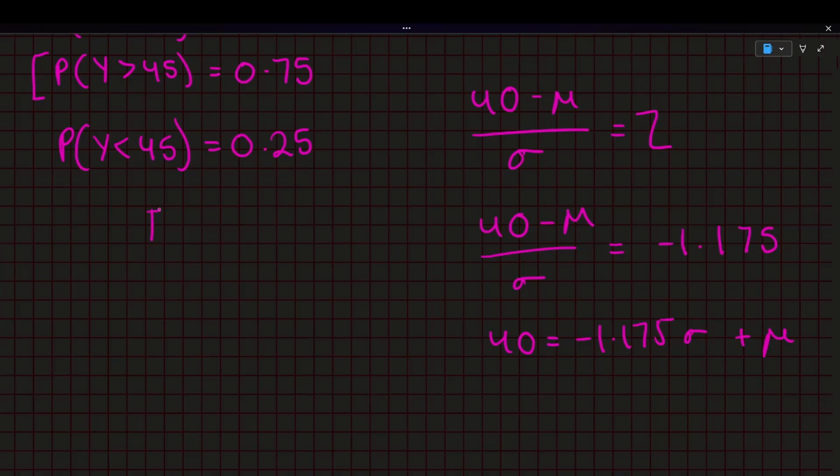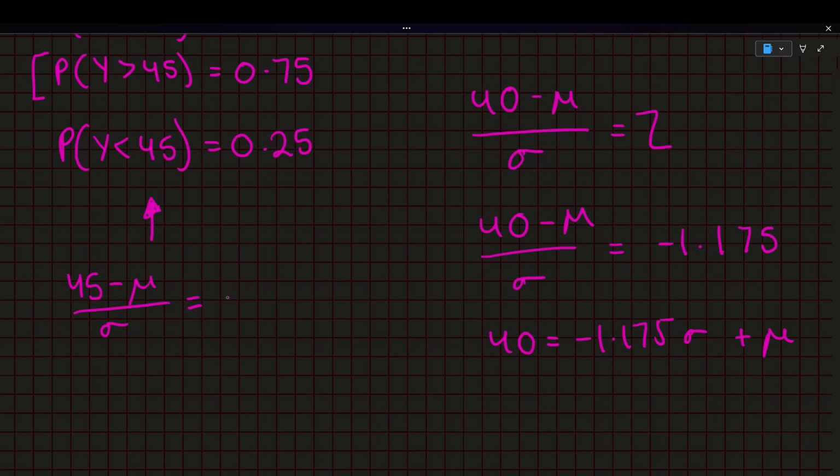Now let's consider this one. That's going to be 45 minus our mean over our standard deviation equals our z value. Now I'll just put that into the calculator. Our area is 0.25, and we have the same standard deviation and mean, because the standard deviation and mean for the standard normal distribution is 0 for the mean and 1 for the standard deviation.